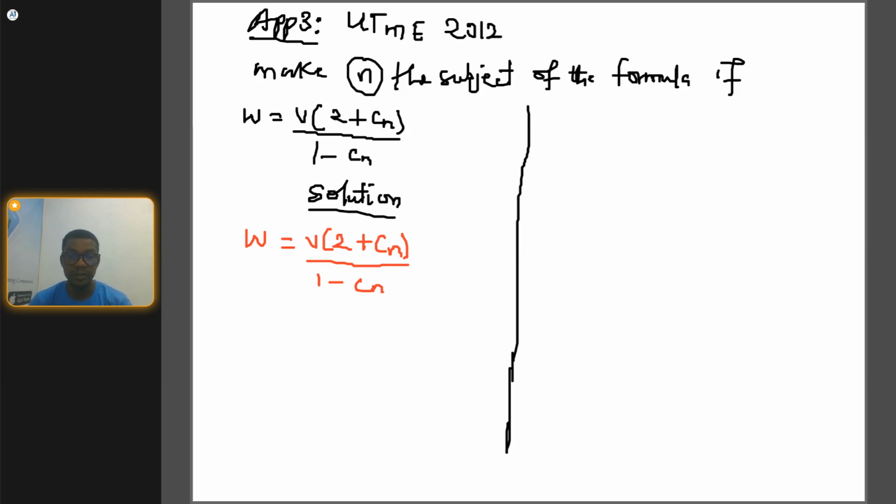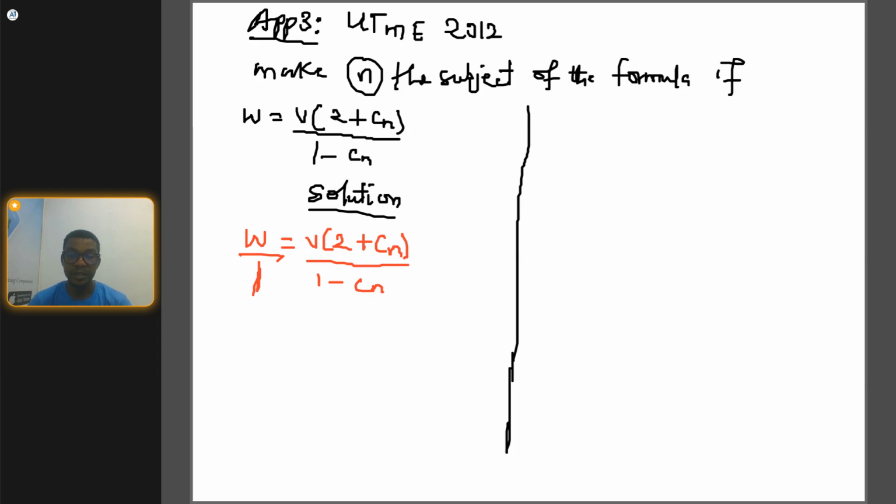Okay, noted. So both of them are not in the same position. All right, so we are going to express this as W over 1. When you have W over 1, that means I can cross multiply.